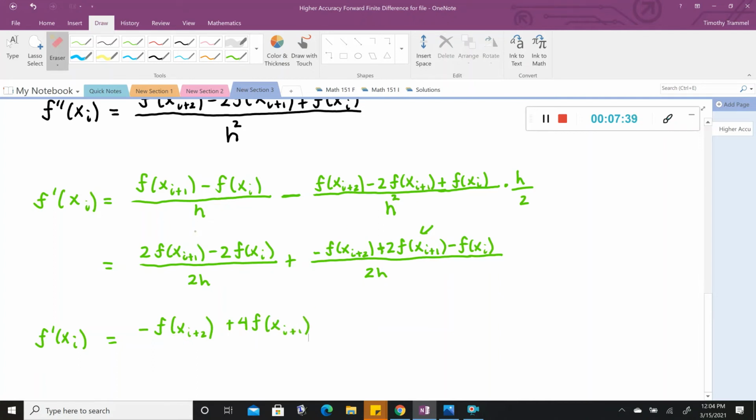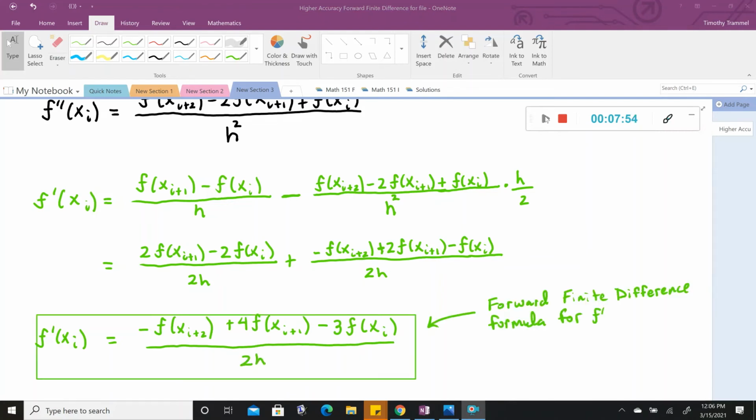And then lastly, the x sub i terms, that looks like that's going to be a minus 3 f of x sub i, and this is all over 2h. Okay, and this is, again, a forward finite difference formula, and it's forward because we're estimating the derivative at x sub i using 2 points in front of it.